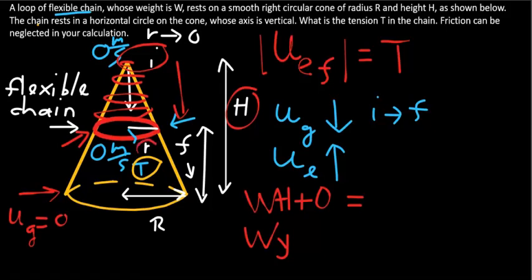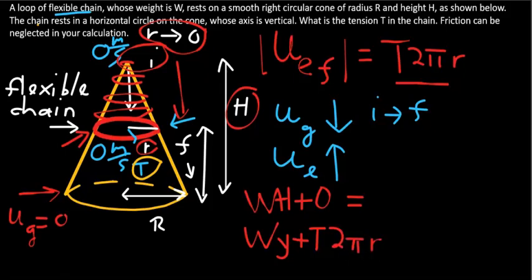And if the radius there is r, the entire length of that flexible chain signifies the stretch. So it is 2 pi r. Remember, at the initial state, the radius of the flexible chain is taken to be 0. So at that point, we can take the entire dimension of this flexible chain to be 0, theoretically. So let's substitute this term in here, plus T 2 pi r.